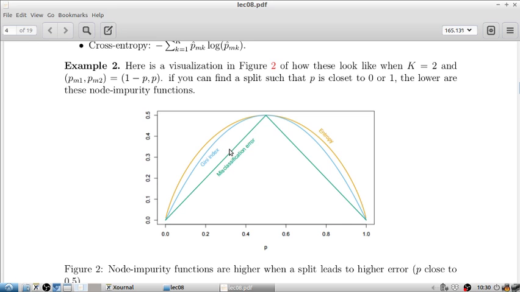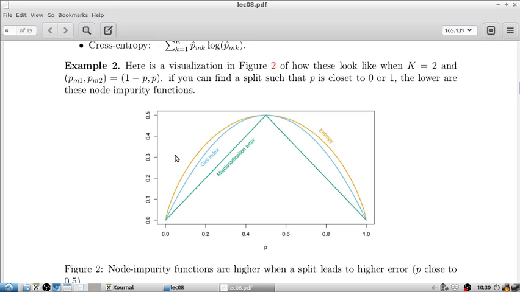It's not clear at this point which one is a good choice. Just like the choice of loss function, whether it's square loss or absolute value loss, and we will see some other loss functions later in this lecture. Which one you choose depends on some considerations. For example, you may want loss to be highly sensitive to extreme values.